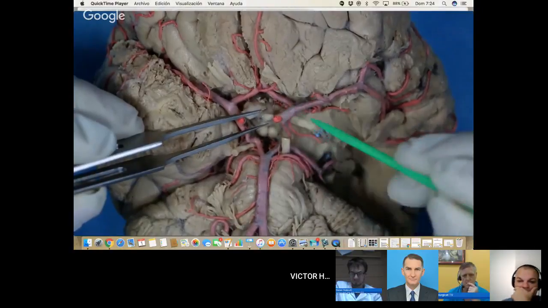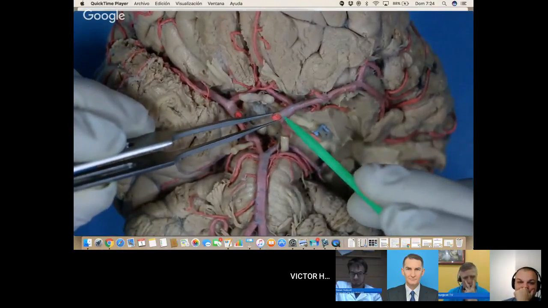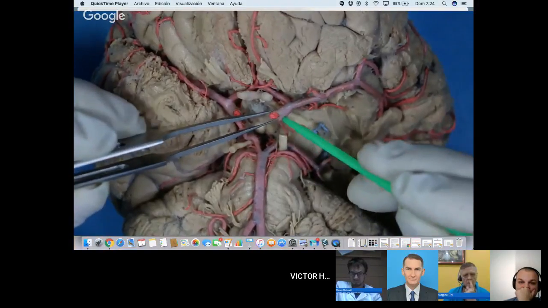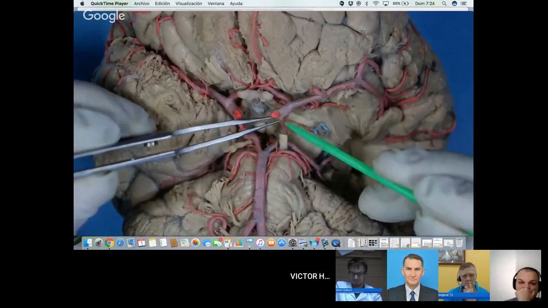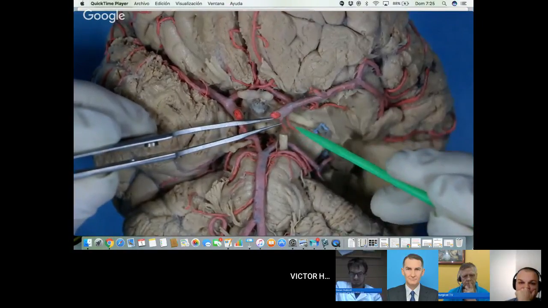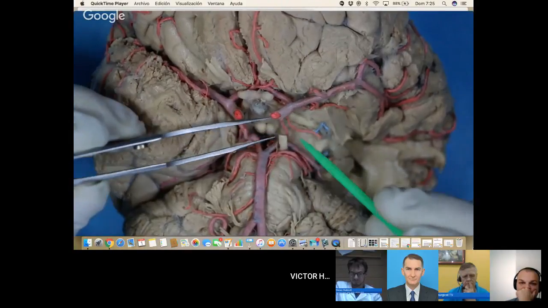The left supraclinoid carotid artery with its branches, the posterior communicating artery and the anterior choroidal artery.